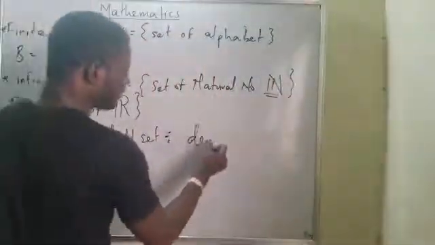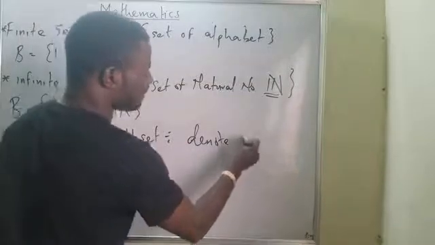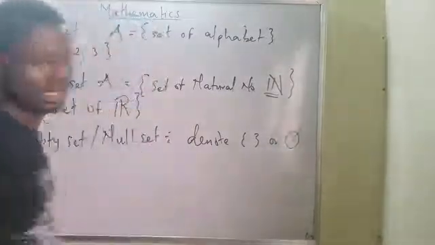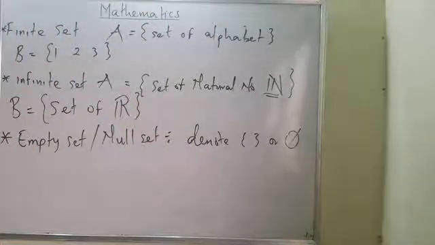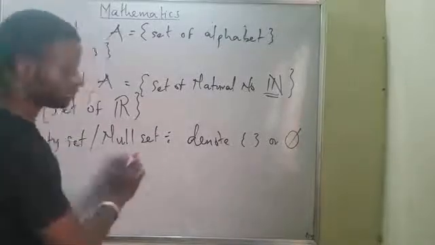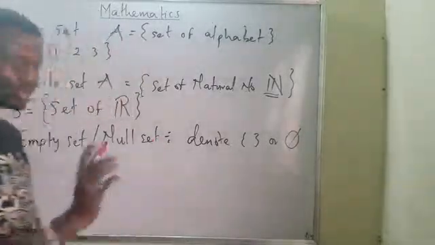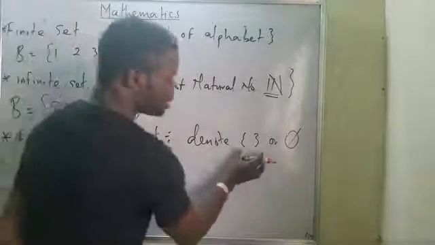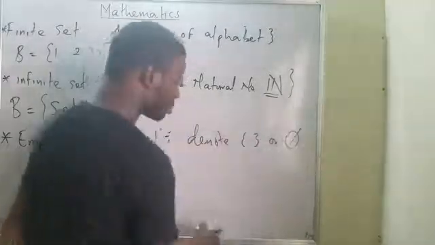It is denoted by something like this, or something cancelled like this. This is empty set. It means there is nothing in it. We always use curly brackets with nothing, or a cancelled zero.